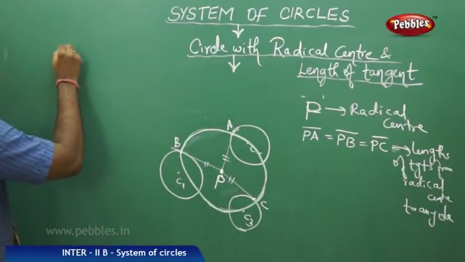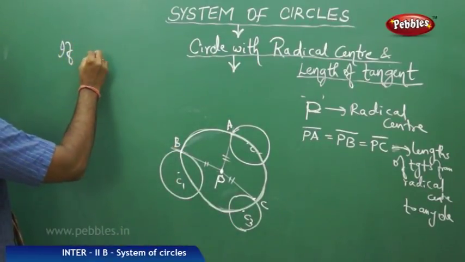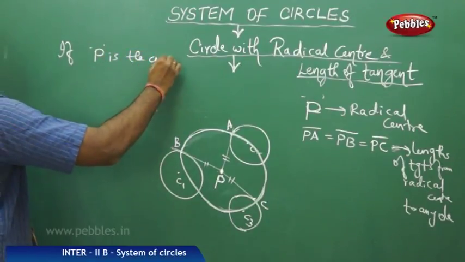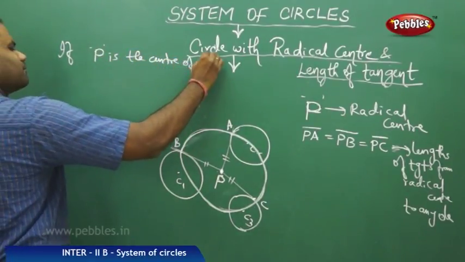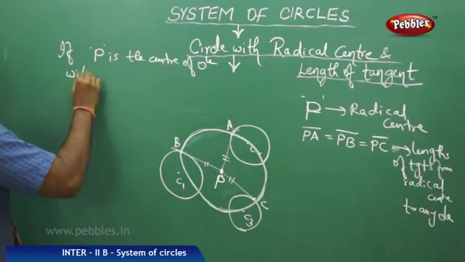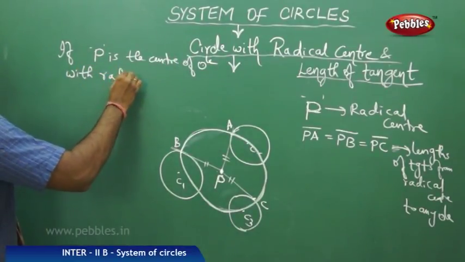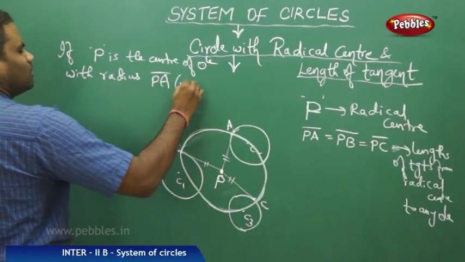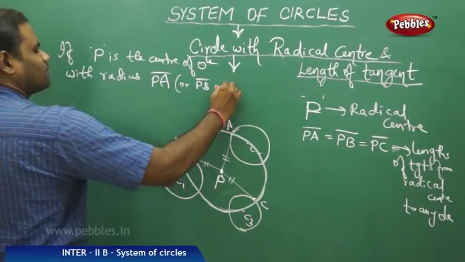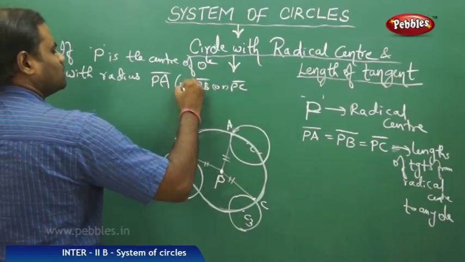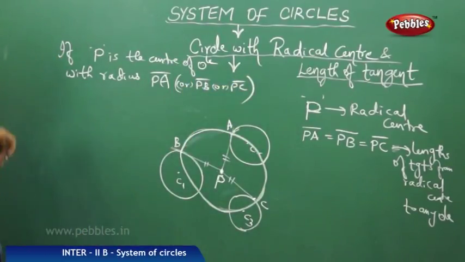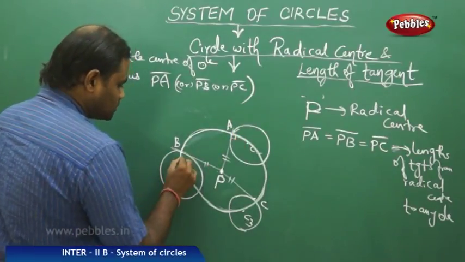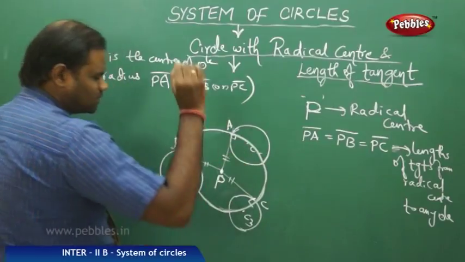so if P is the center of the circle with radius PA or PB or PC, because all are the same, then I get a circle which is said to be orthogonal to each of the circles.